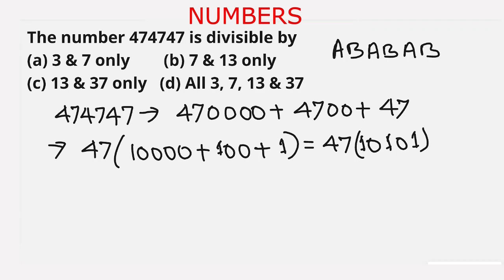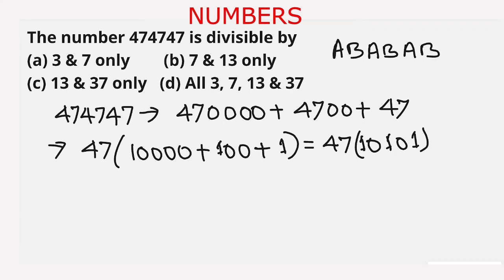We can just find out divisibility by 3. If we add the digits of 10101, then that sum comes out to be 1 plus 1 plus 1 is 3, and 3 is divisible by 3. Now if we divide it by 7, then 10101, 7 times 1 is 7, and we subtract 7 from 10, we get 3, we carry 1, so it becomes 31. 7 times 4 is 28.